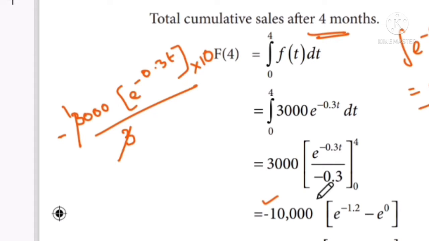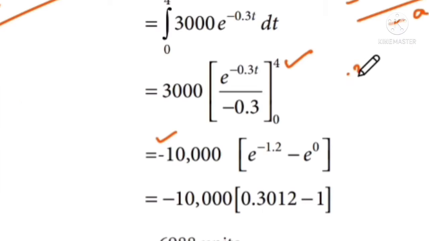E power minus 0.3t, put t is 4, the upper limit is 4. So minus 0.3 into 4 is 1.2, so minus 1.2. Minus, the lower limit is 0, put 0 here, so it becomes e power 0.